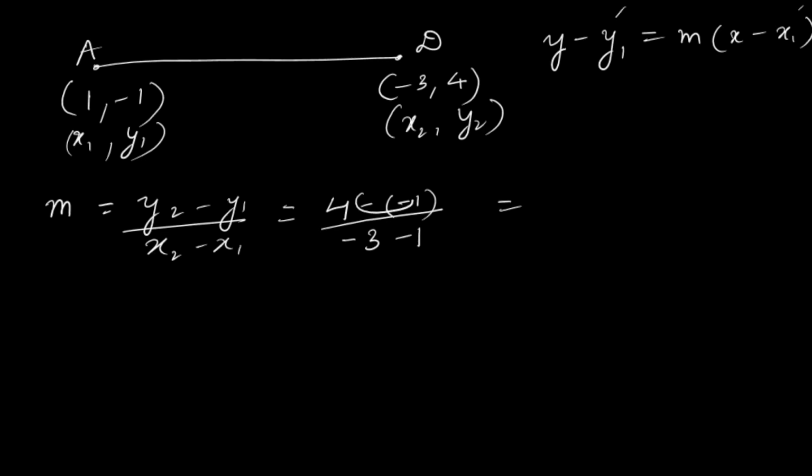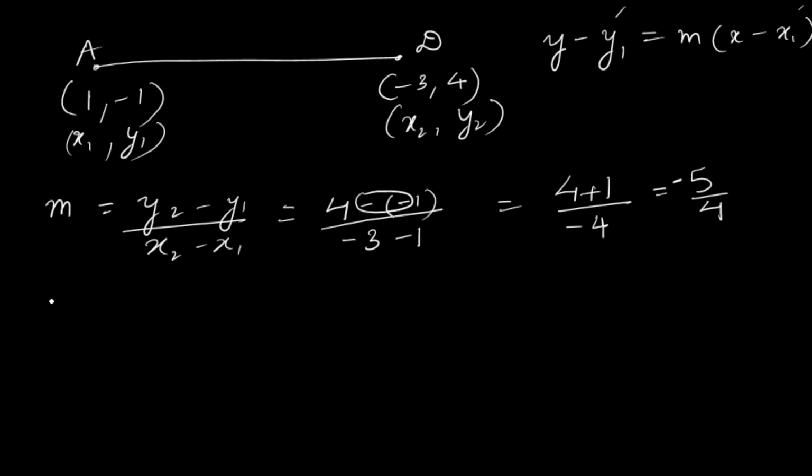Two signs together, minus minus is plus, so 4 plus 1 is 5, by minus 3 minus 1, which is minus 4. So 5 by minus 4 we can write as minus 5 by 4. So this is the correct value of slope.